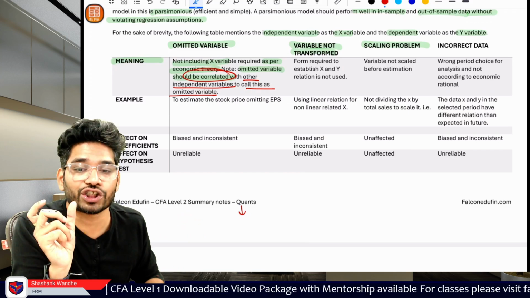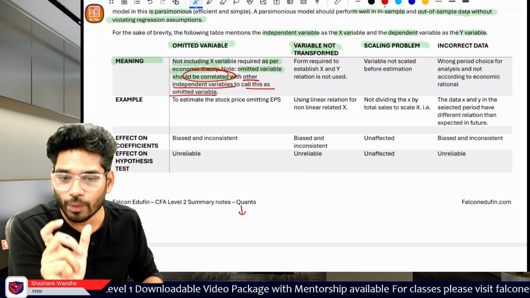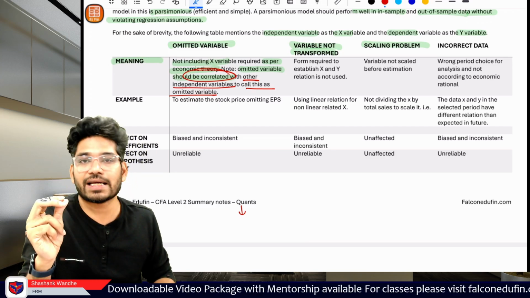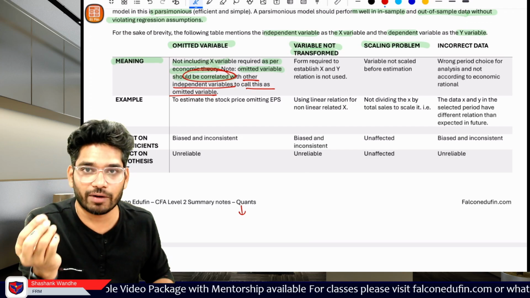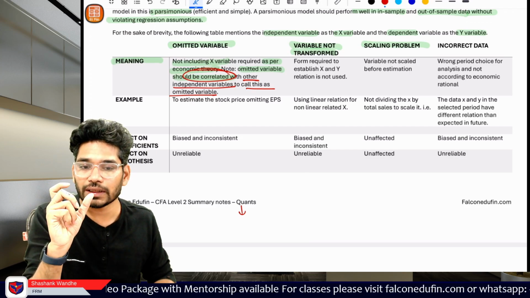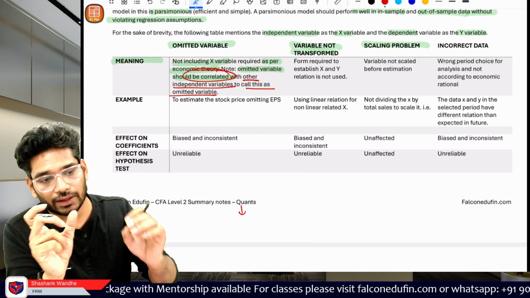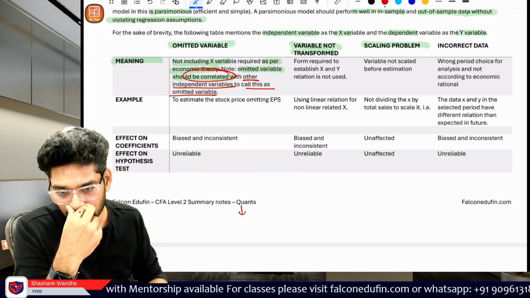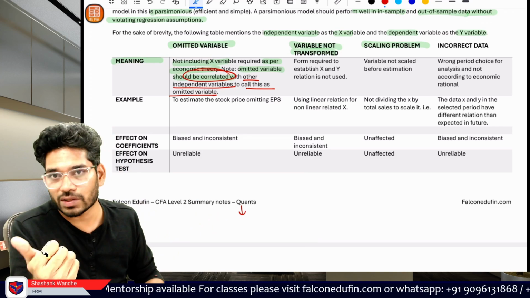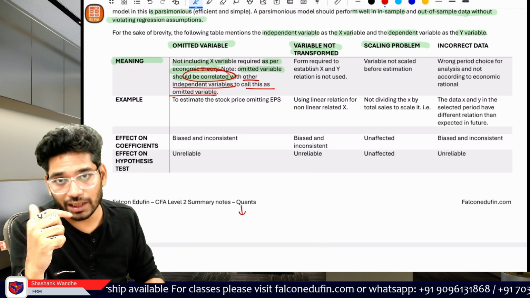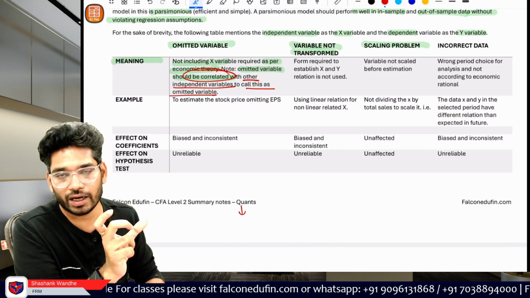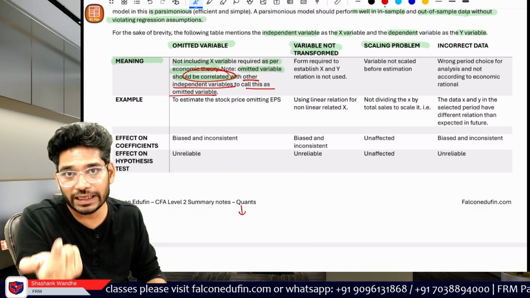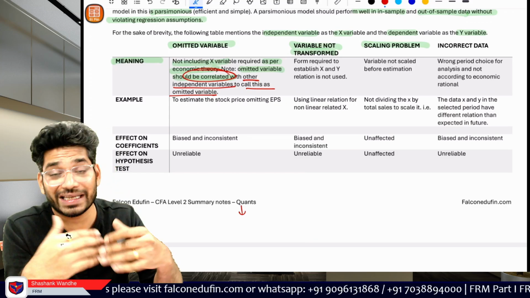This is the primary condition for calling a variable the omitted variable. Maybe there is a situation where there is no correlation between the variable which you have omitted and the other independent variable. If that happens, as we discussed, no omitted variable, but there is also a possibility that there is no correlation between the other independent variable and the variable you have included. Now here, instead of omitting, I'm saying included.